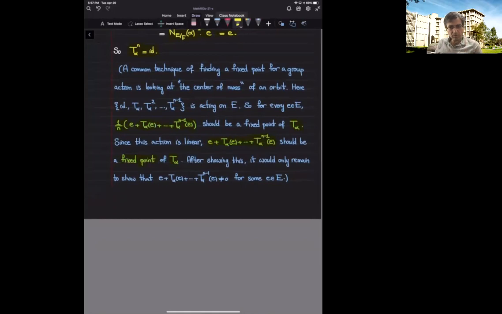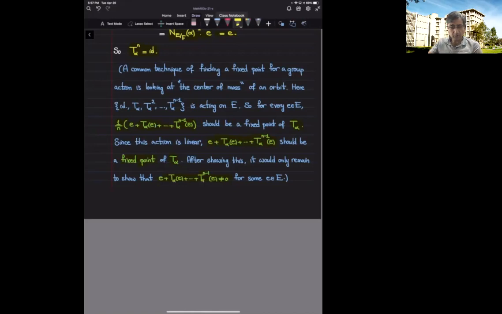So our next goal would be to show first, this is indeed a fixed point, and second, I can find some E such that this guy is not zero. These are our next steps.